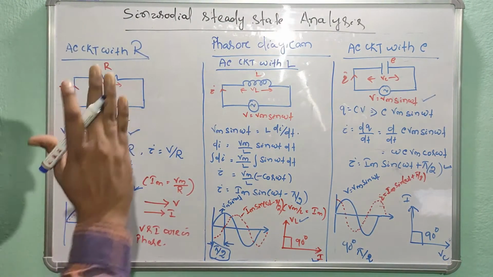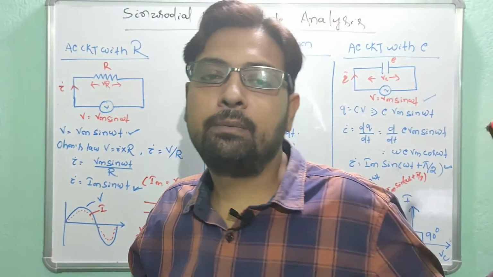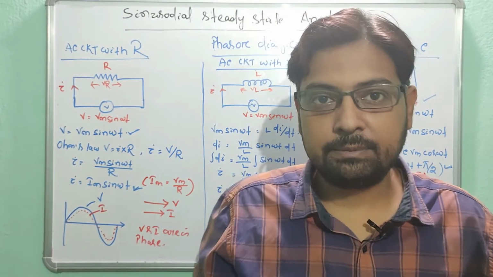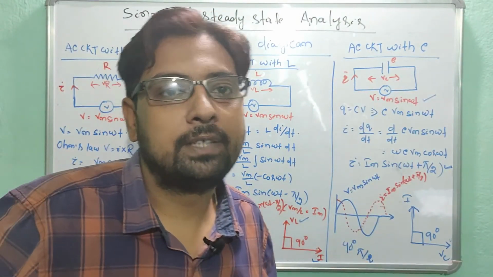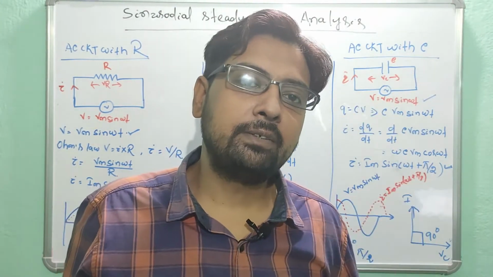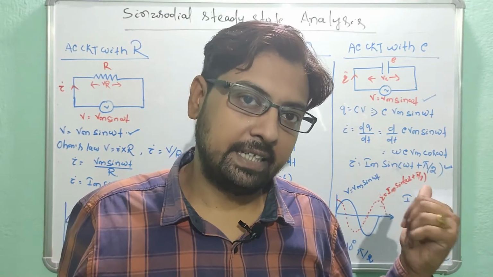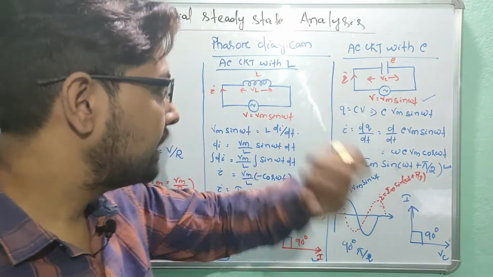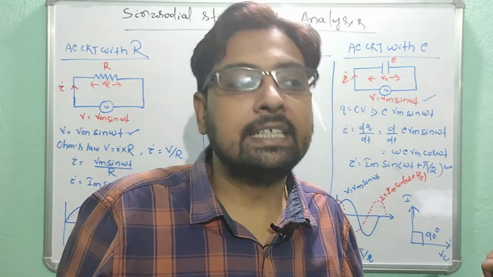So from this phasor diagram, for these two figures, you have to conclude that for a pure resistive circuit, current and voltage are in phase. The angle between current and voltage is 0. For a pure inductive circuit, the angle between current and voltage is 90 degrees, that is, current lags the voltage by 90 degrees. For a pure capacitive circuit, the current leads the voltage by 90 degrees.